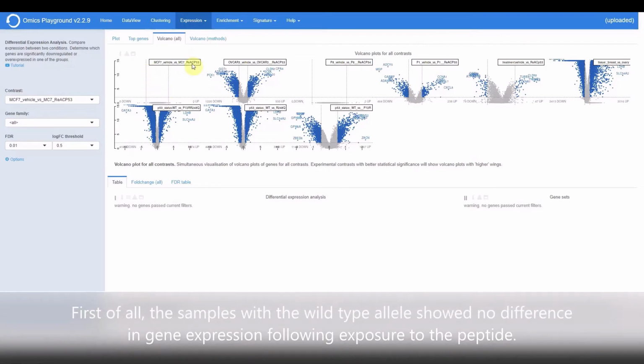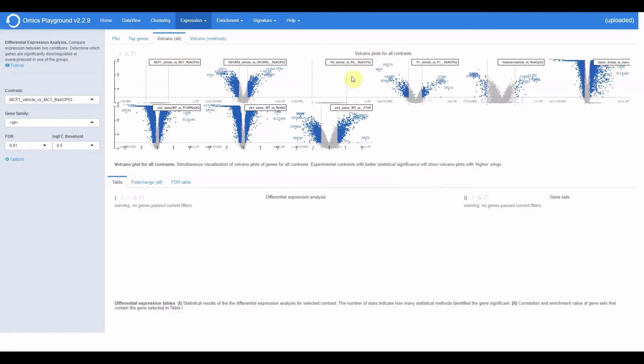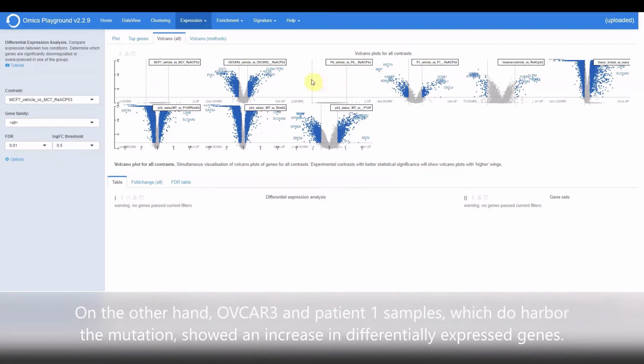First of all, the groups with the wild type allele showed no difference in gene expression following exposure to the peptide, as seen here and here. On the other hand, the OVCAR3 and patient 1 samples, which do harbor the mutations, showed an increase in differentially expressed genes here and here.